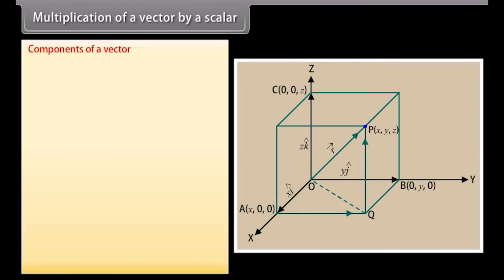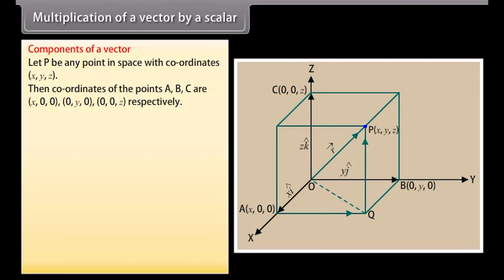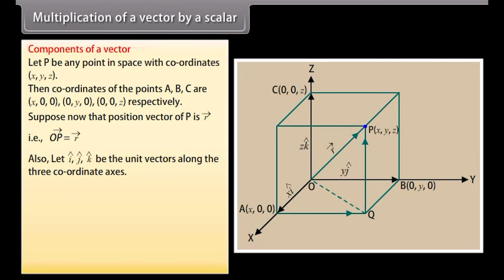Components of a vector. Let P be any point in space with coordinates x, y, z. Then coordinates of the points A, B, C are (x, 0, 0), (0, y, 0), (0, 0, z) respectively. Suppose now that position vector of P is vector r. That is, vector OP equals vector r. Also, let cap i, cap j, cap k be the unit vectors along the three coordinate axes.